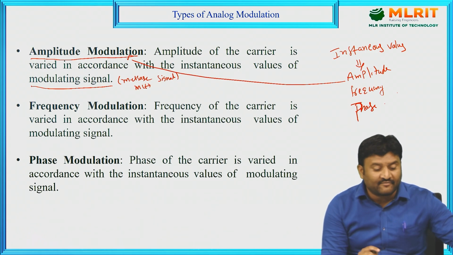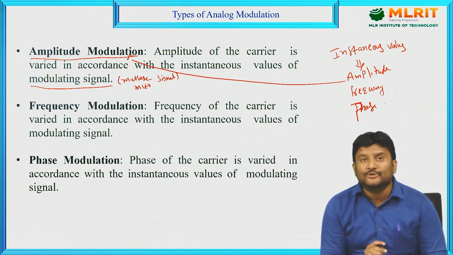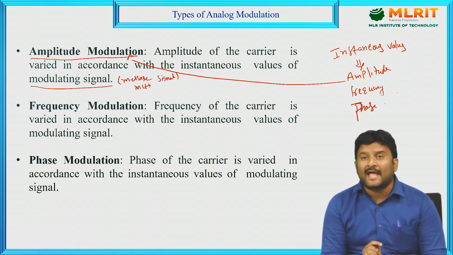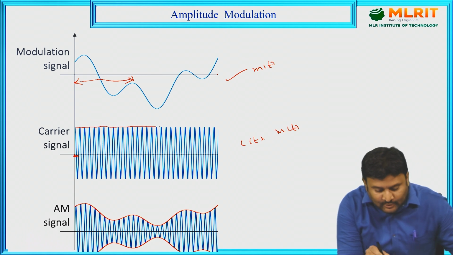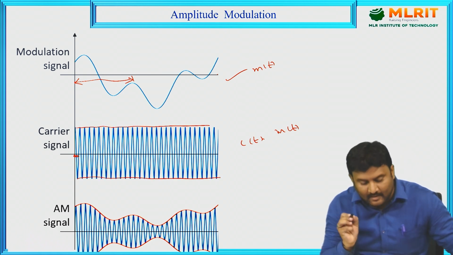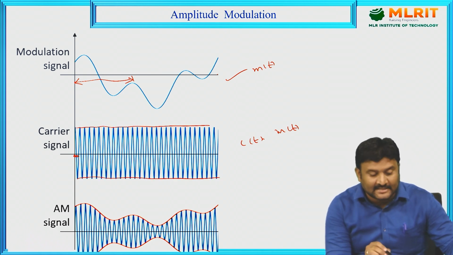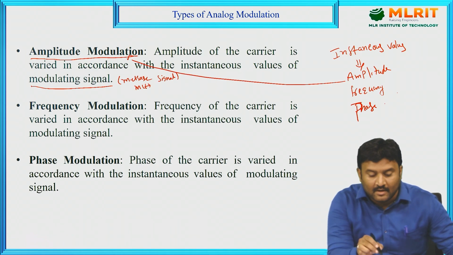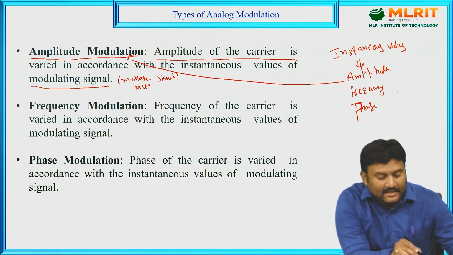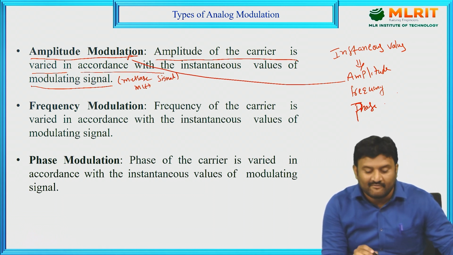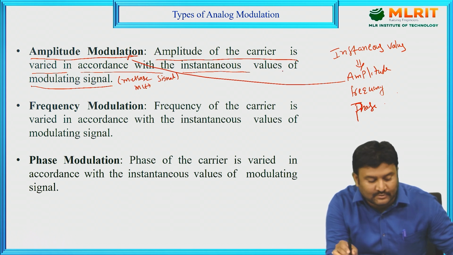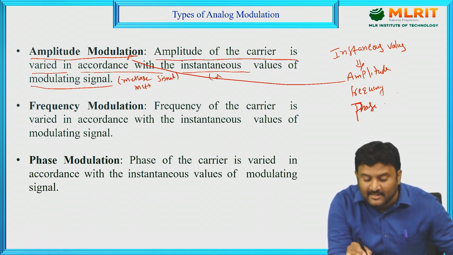That's why the definition clearly explains that amplitude modulation is defined as the variation of the amplitude of the carrier signal. Remember, this is the amplitude. The amplitude of the carrier signal is varied in accordance with the instantaneous values of the modulating signal. Here the instantaneous values mean only the amplitude of the carrier signal.